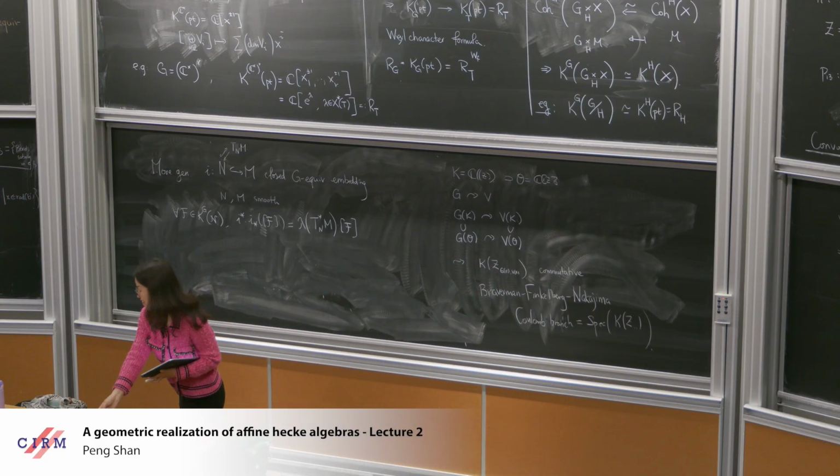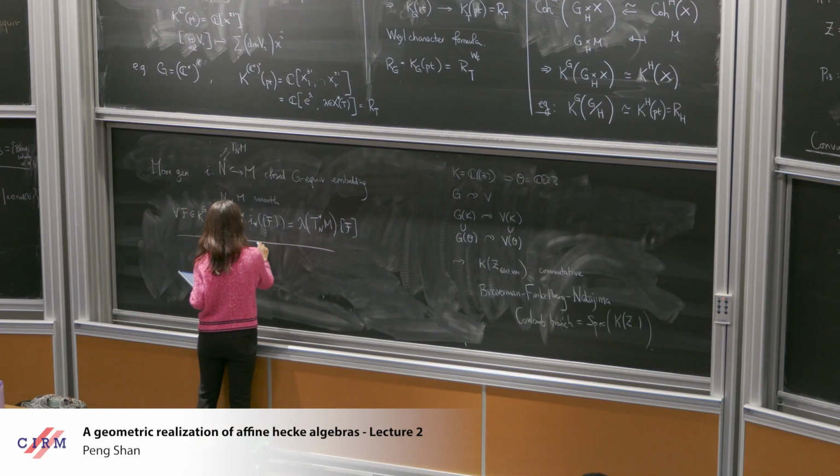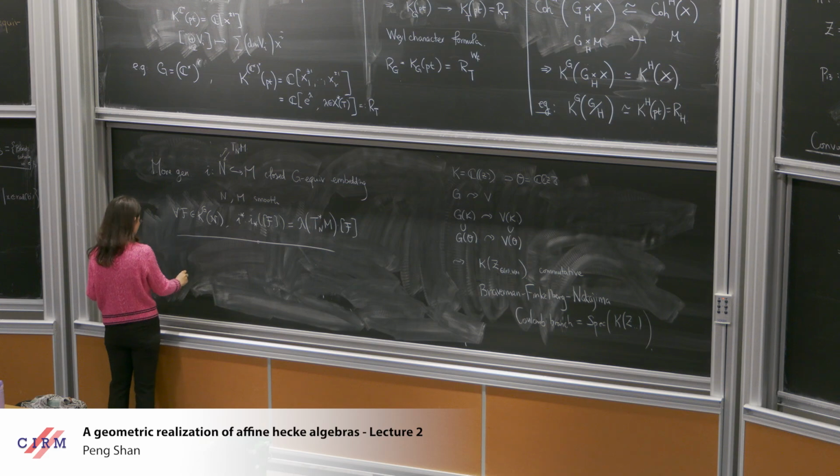So all these computations tell us that now we can understand what is K of G equivariant.